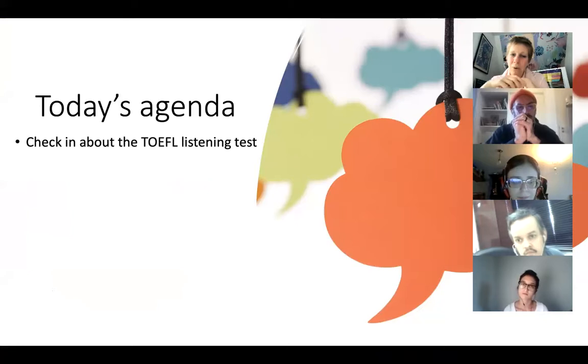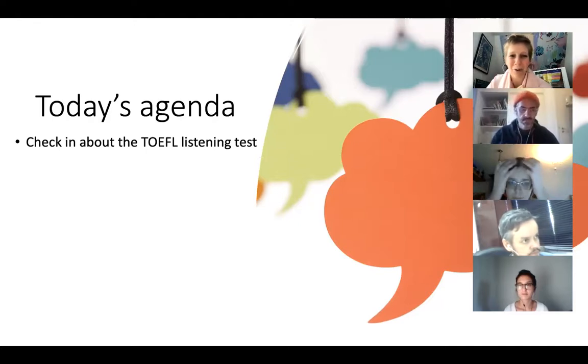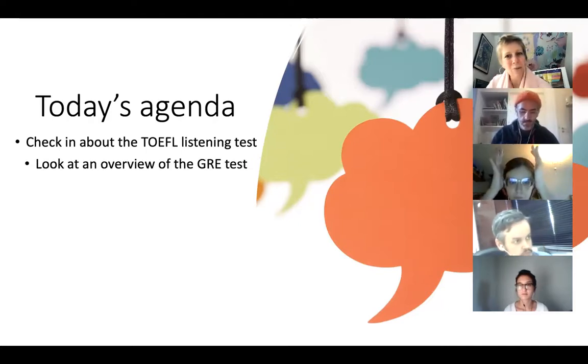I know in total we spent 4 classes on the speaking and then 2 classes on the listening, but I just want to make sure you're looking at some of the resources that I gave you. I know I give you a lot of information, so I just want to point out a couple of things before we move on. And then we're going to go over the overview of the GRE test.